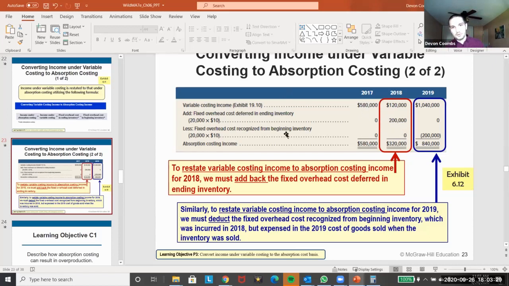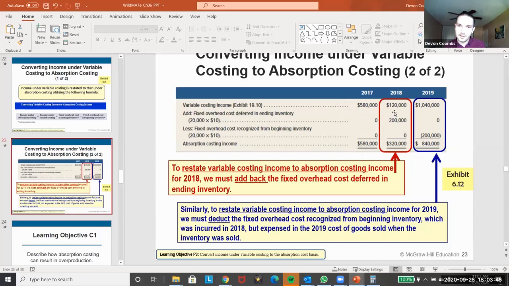But from an absorption costing standpoint, we would allocate those fixed overhead costs to inventory, deferring them rather than expensing them in the current period.